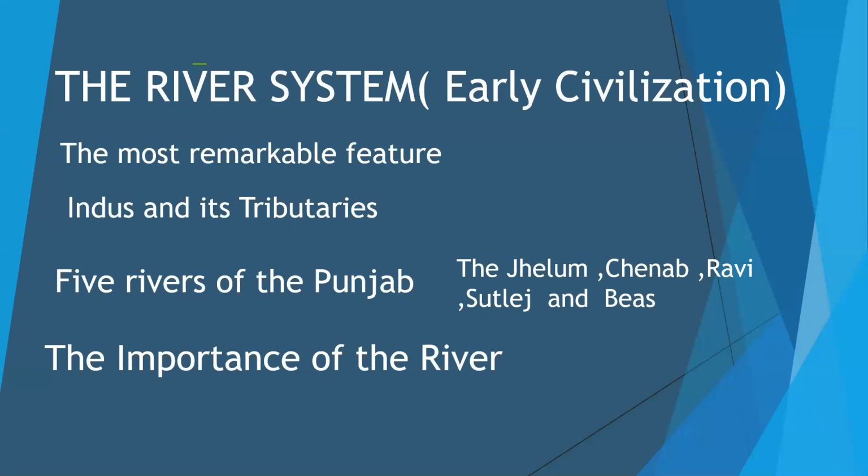The most remarkable and most important feature of Pakistan is the great river system created by the Indus River and its tributaries. The Indus arises in western Tibet, one of nature's greatest watersheds on earth.